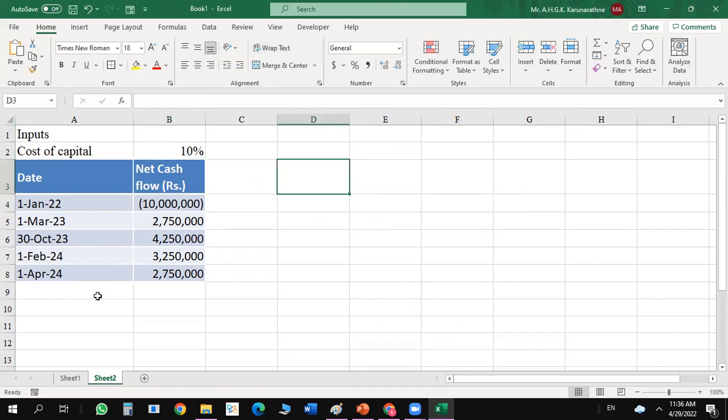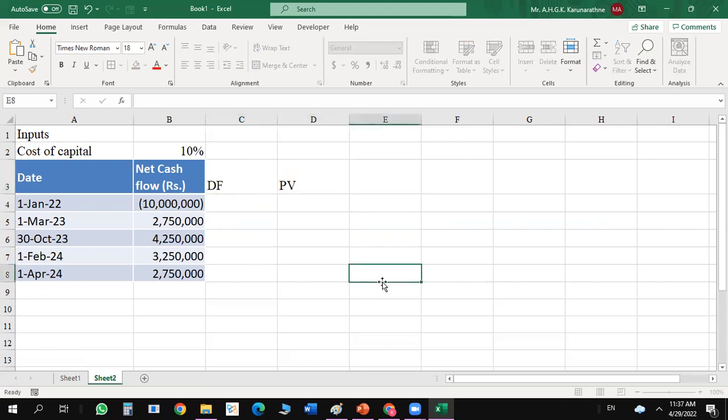Okay, right. So how we compute the present value using our traditional approach, our manual method? Here we have the date and the net cash flow, then discount factor and present value. Same approach, right? Discount factor, present value.